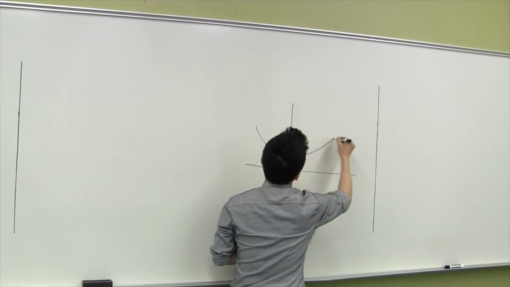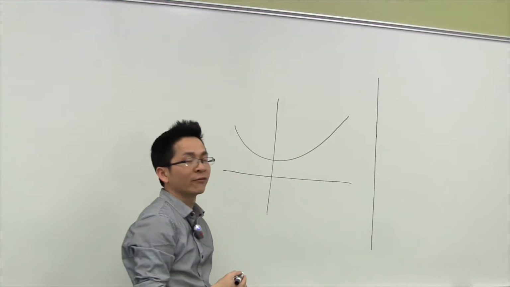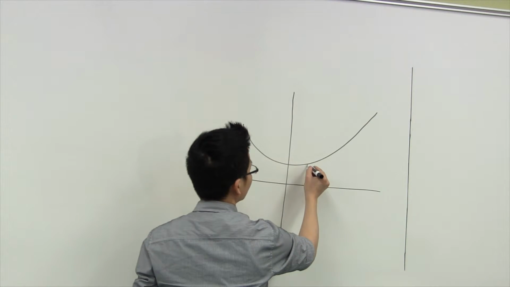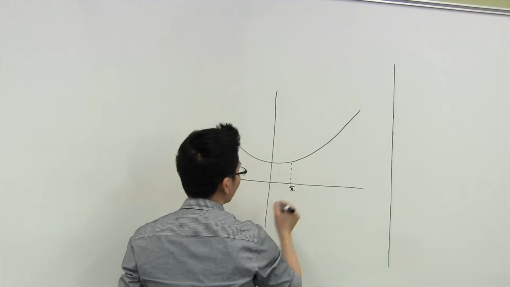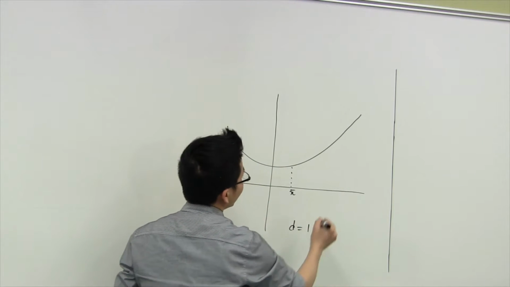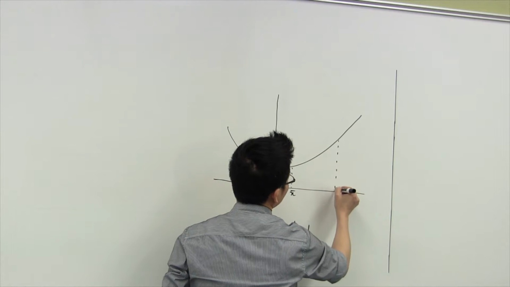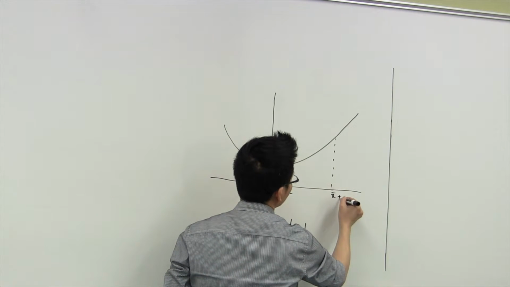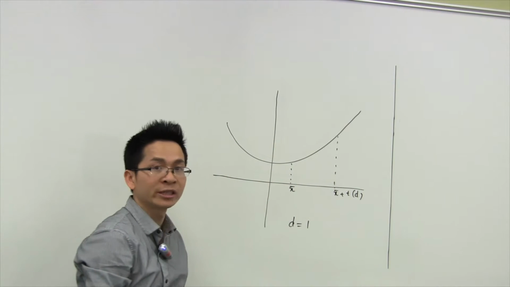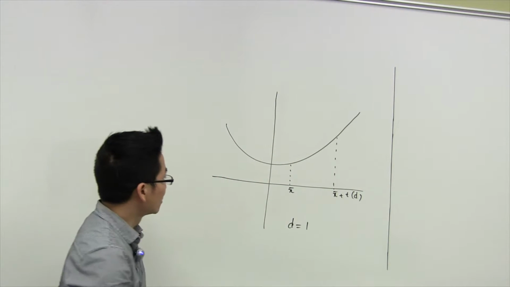So this is the graph of a convex function on the real line, and this is x bar. For example, if we take d equals 1, then this is x bar plus t times d, where t is positive.